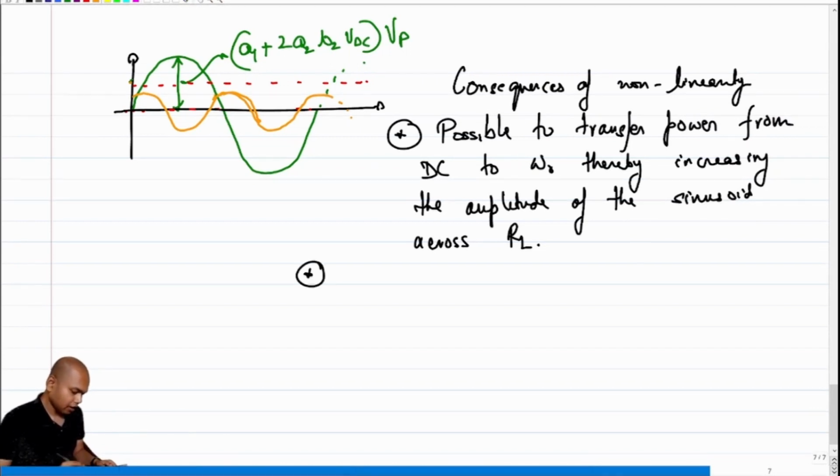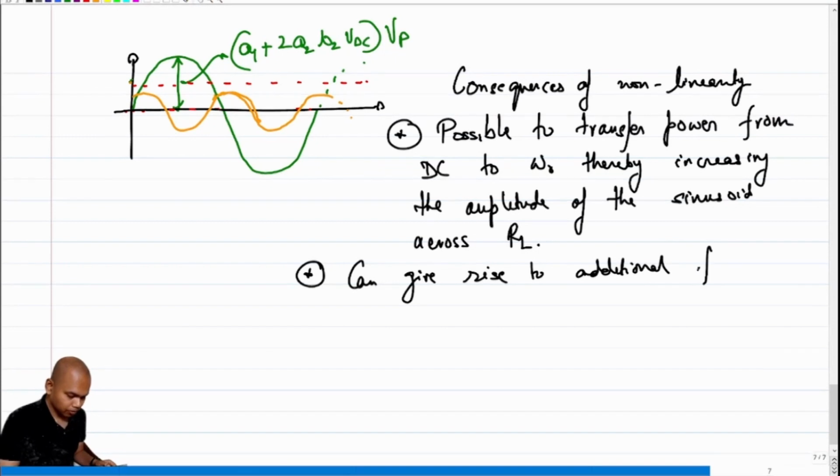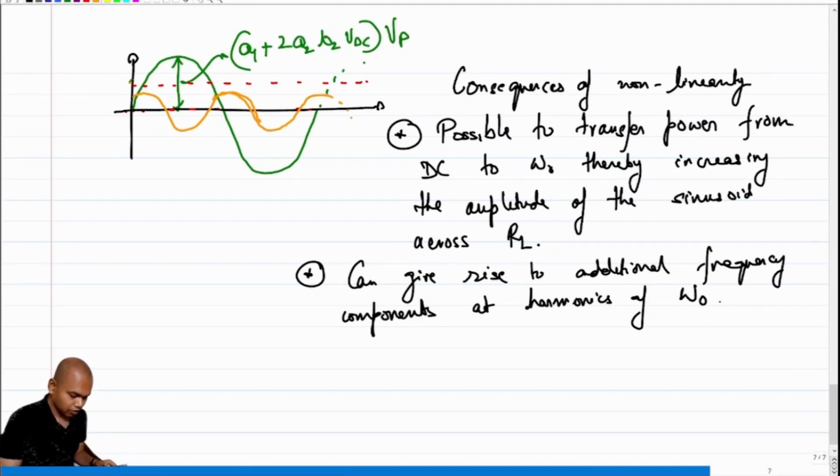And second, another unintended consequence is that it can give rise to additional frequency components at harmonics of omega naught, right?